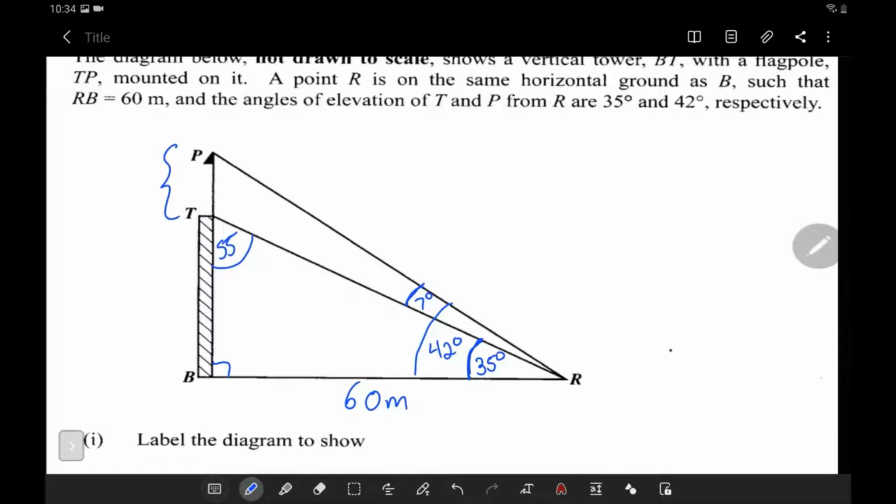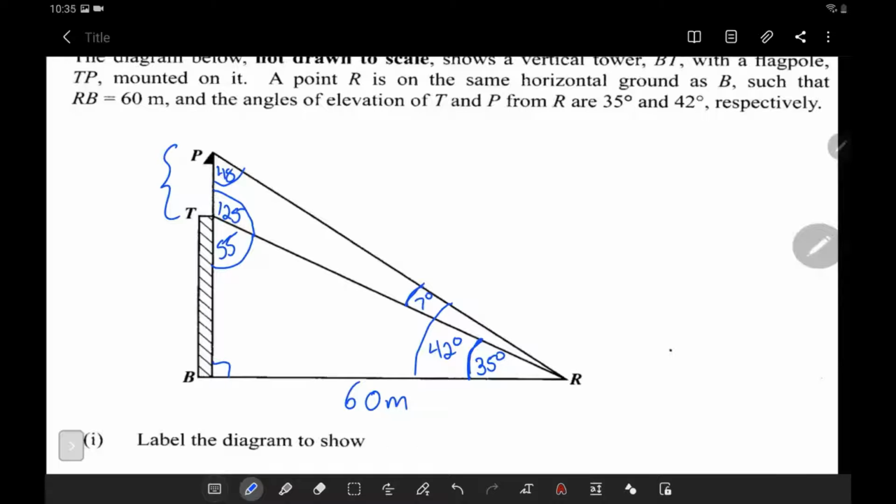Now, what does that mean? Well, what else can we find is the question. Notice that this line here is a straight line, so that means it needs to add up to 180, which would mean that this value here is 125. And if we add 7 and 125, we get 132. And that would mean that 48 is missing.